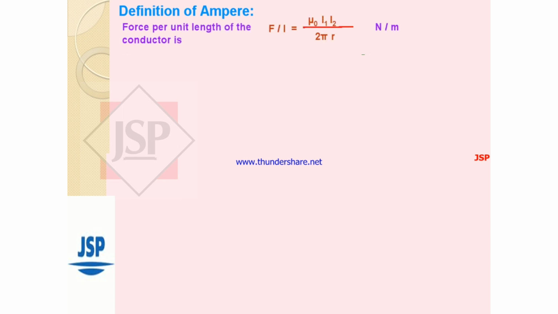Definition of ampere. Force per unit length of the conductor is F by L equal to mu naught I1 I2 divided by 2 pi R Newton per meter.